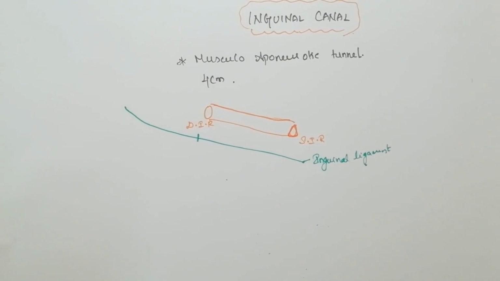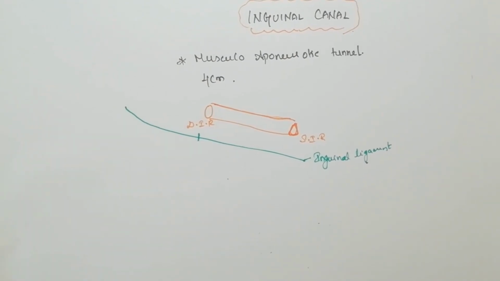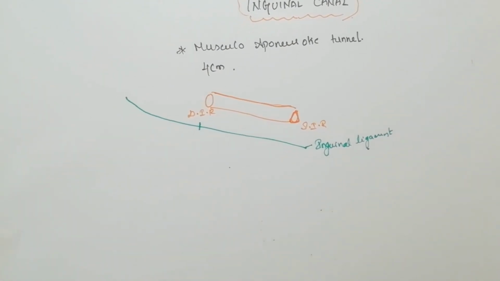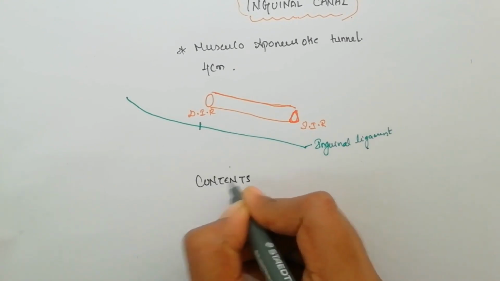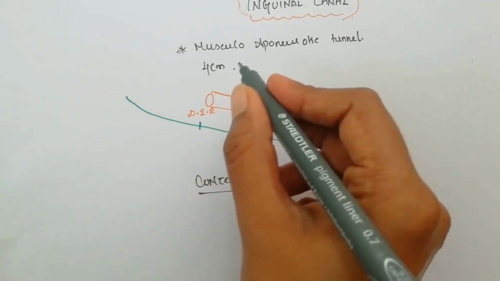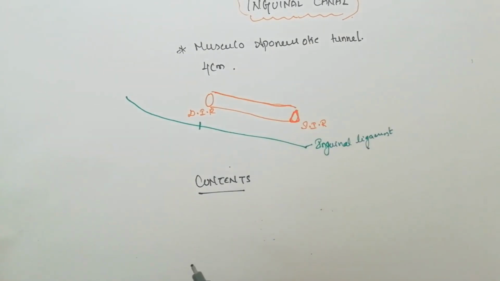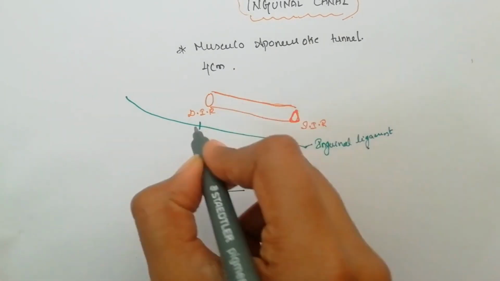Now we are going to see the contents of this inguinal canal. Talking about the contents, we have two important contents. First, the basic things we have seen so far: the introduction, that it is a musculo-aponeurotic channel placed just above the medial part of the inguinal ligament.